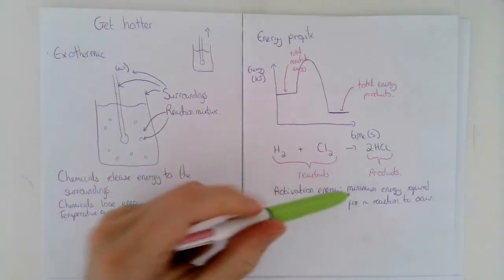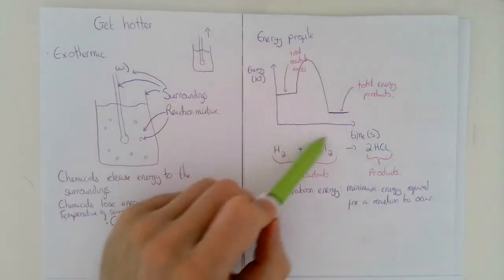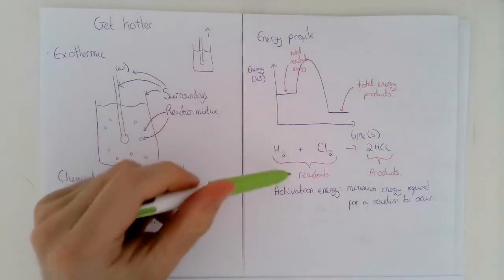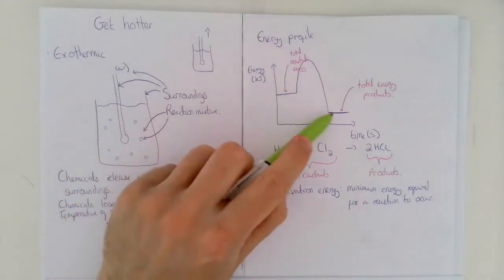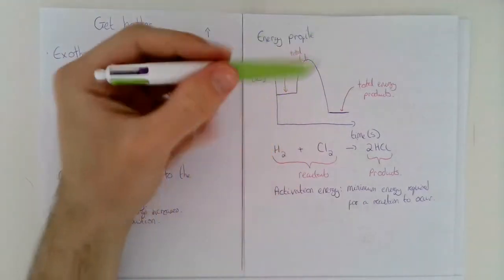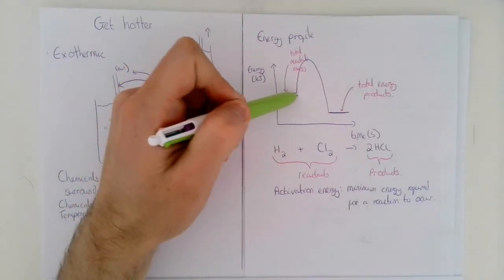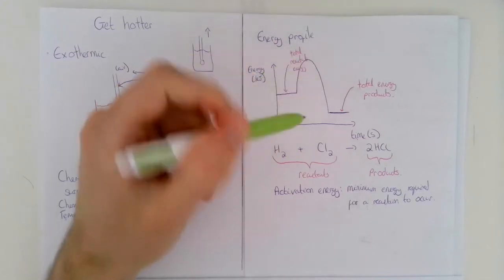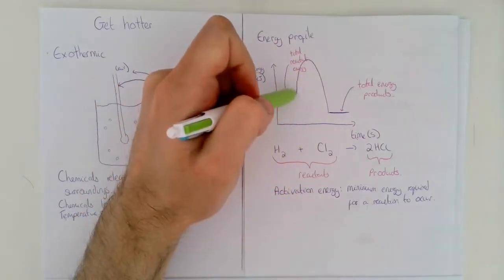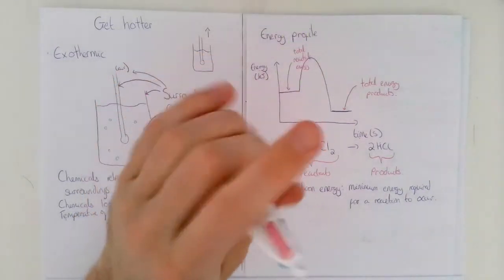So I'm giving them that minimum energy. So that is an energy profile for an exothermic reaction. Products have less energy than the reactants, and in order to get them to actually react, I need to provide them with some energy, and that energy is the activation energy to get the reaction working.